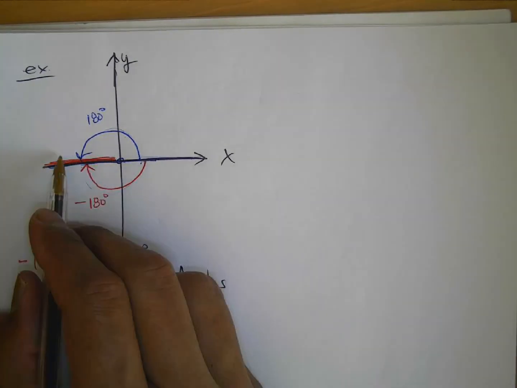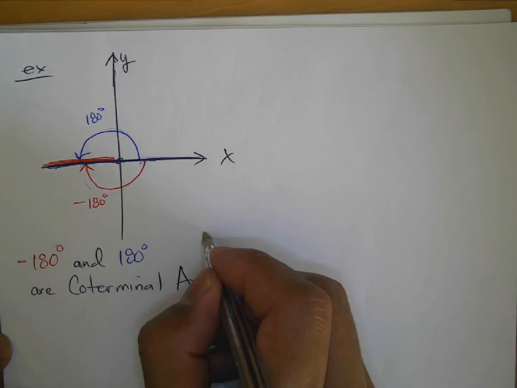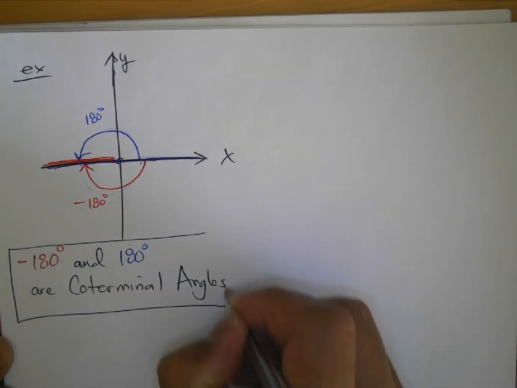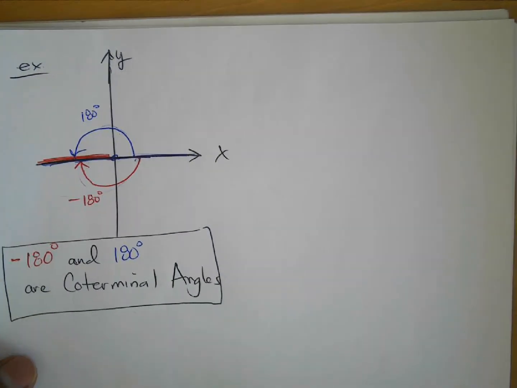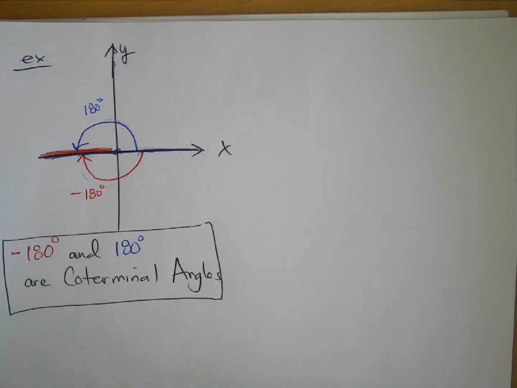If the terminal sides happen to be at the same exact place, those are coterminal angles. All right, last example.